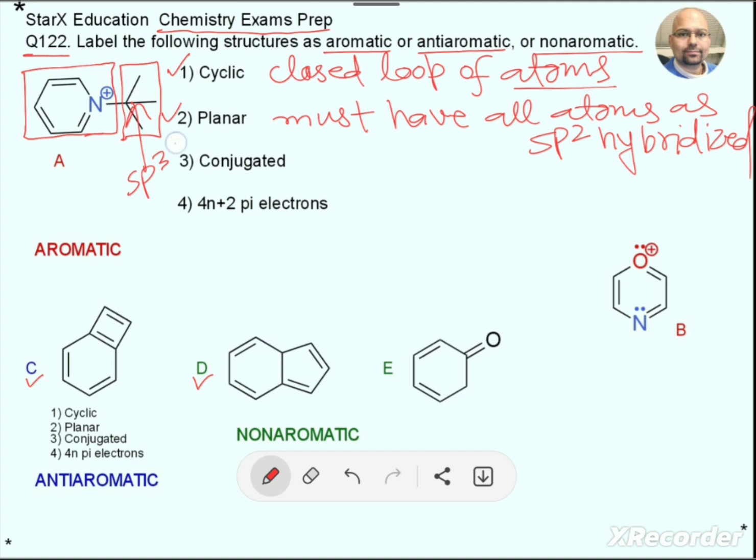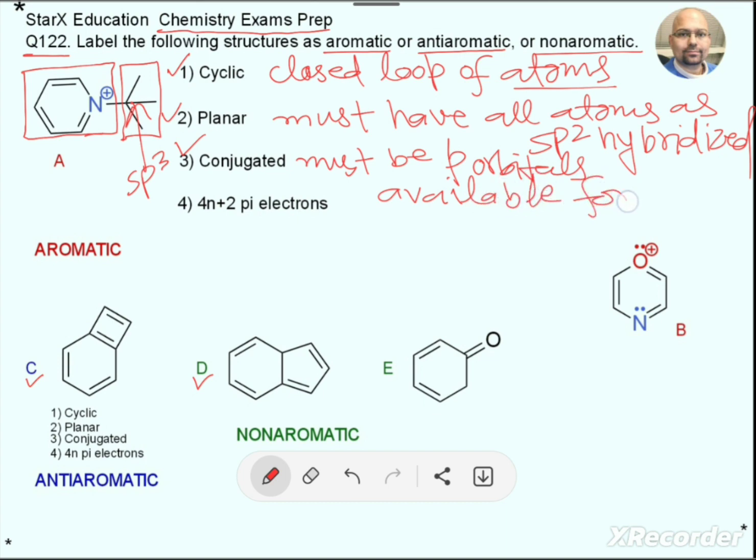Now the third condition is that there must be conjugation. What it means is that the atoms that are making the cycle, the closed loop, must be sp2 hybridized, and therefore there must be p orbitals available for resonance delocalization.